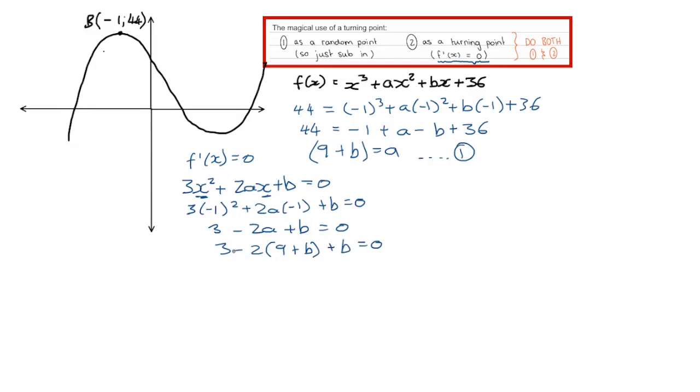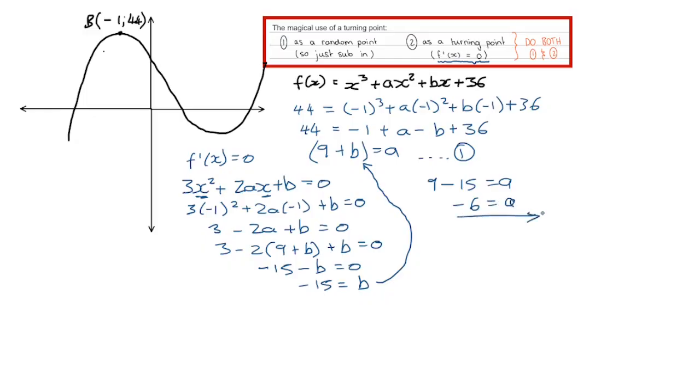That leaves me with 3 minus 18, which is minus 15, and minus 2b, plus b is minus b, and so b just equals minus 15, and I generally prefer to sub that into the equation where I've got the other letter by itself, just as a habit. So it becomes 9 and b is minus 15, and so a would equal minus 6.